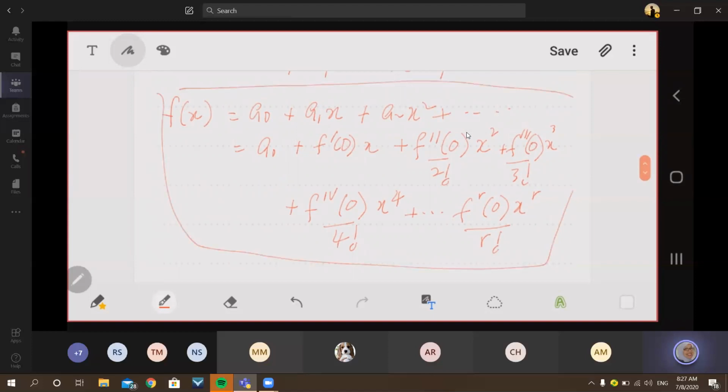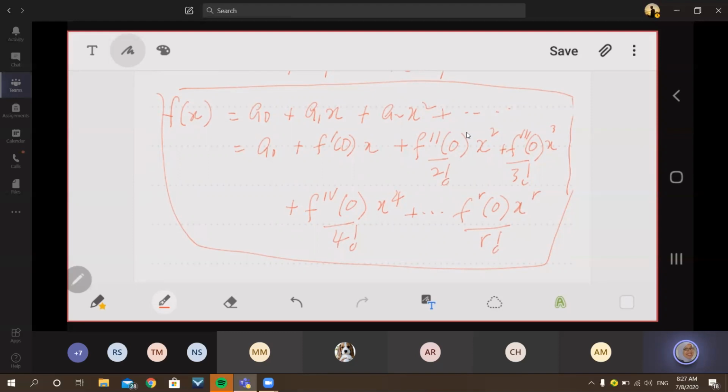Okay, but there are times when you have a function that is not defined at 0. Can you tell me what function is not defined at 0? Many functions cannot be defined at 0, so you cannot use this Maclaurin series.